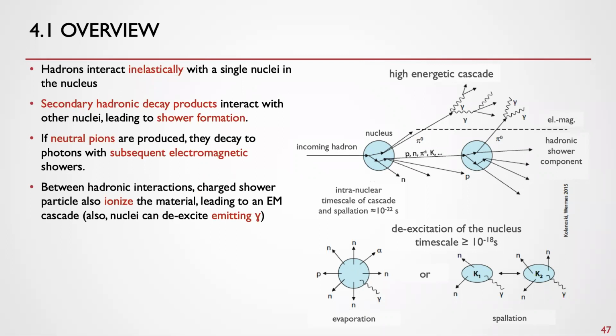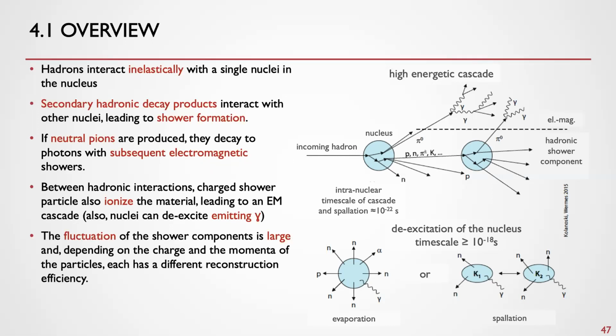The spread of the energy between the electromagnetic shower component and the hadronic one is a quantity that widely fluctuates. So if you have an incoming hadron setting off this cascade, it can easily produce 90% or so of electromagnetic interaction, only 10% hadronic, and the next equivalent incoming hadron can do the opposite.